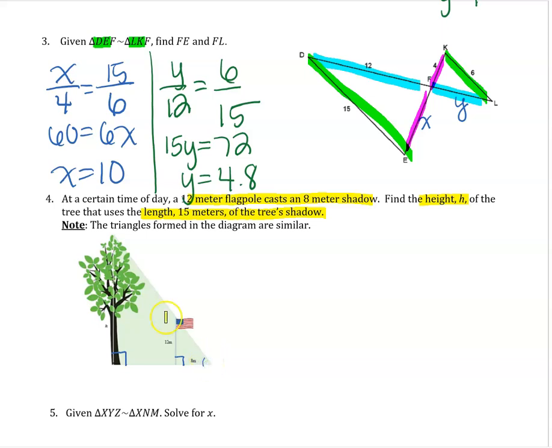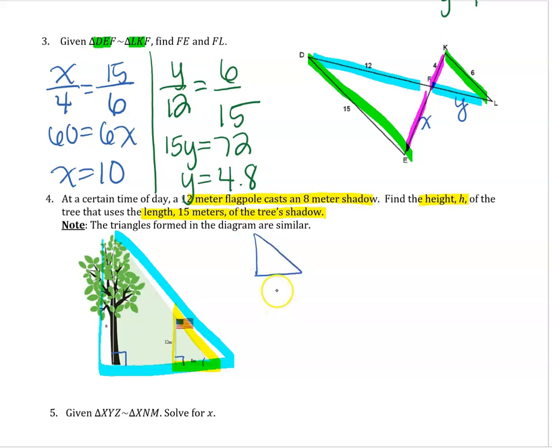Now, in order to solve this, if the triangles are similar, we have small triangle versus big triangle. So again, I can pull those out. My small triangle has an 8 with a 12. The big triangle, keep in mind that I said the tree's shadow was 15 meters, so that's along the base there.